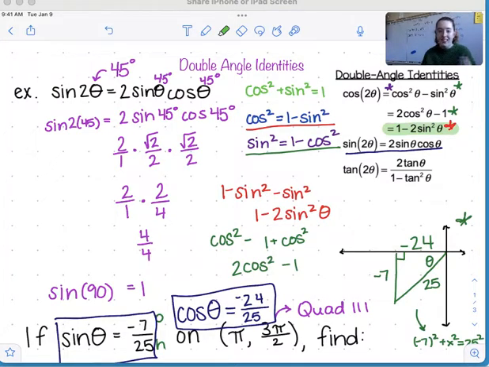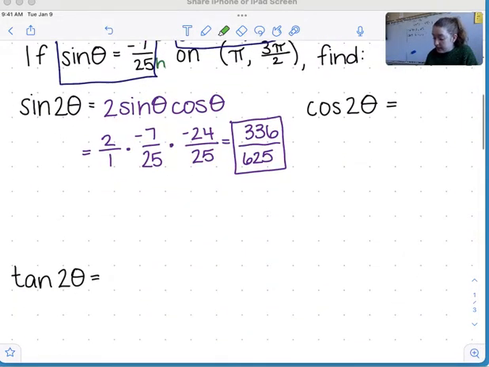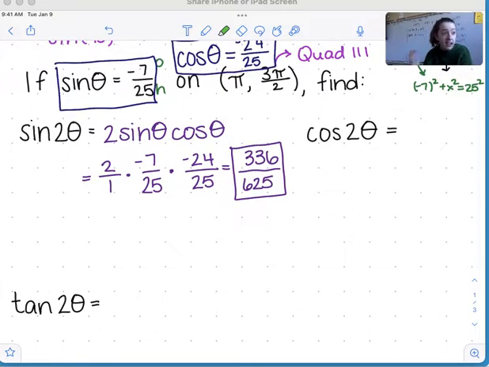That way, if you made a mistake finding cosine, it's not going to affect your double angles. Do you see what I'm saying? So it's up to you. Anyways, let's use the one that has sine in it. So that is going to be 1 minus 2 sine squared theta.